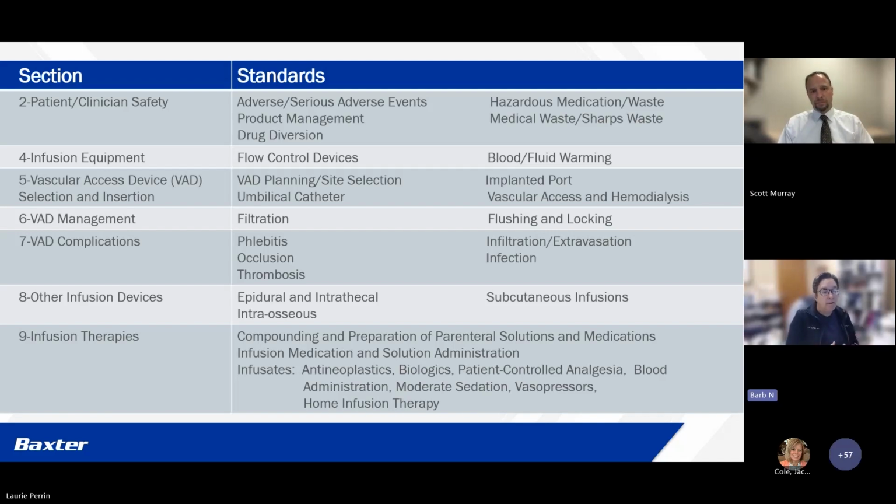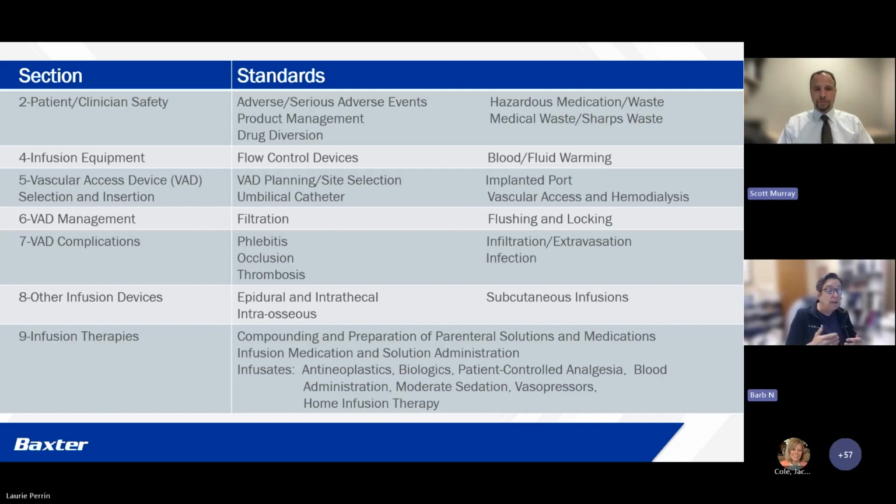A couple of them within that section: filtration, very important for both of us; flushing and locking, as Scott alluded to, a process that really includes both nursing and pharmacy. VAD complications, again, how do we mitigate those? And again, we'll talk about extravasation in more depth in December. Other infusion devices that might deliver infusion therapy, and you can see that they're listed.